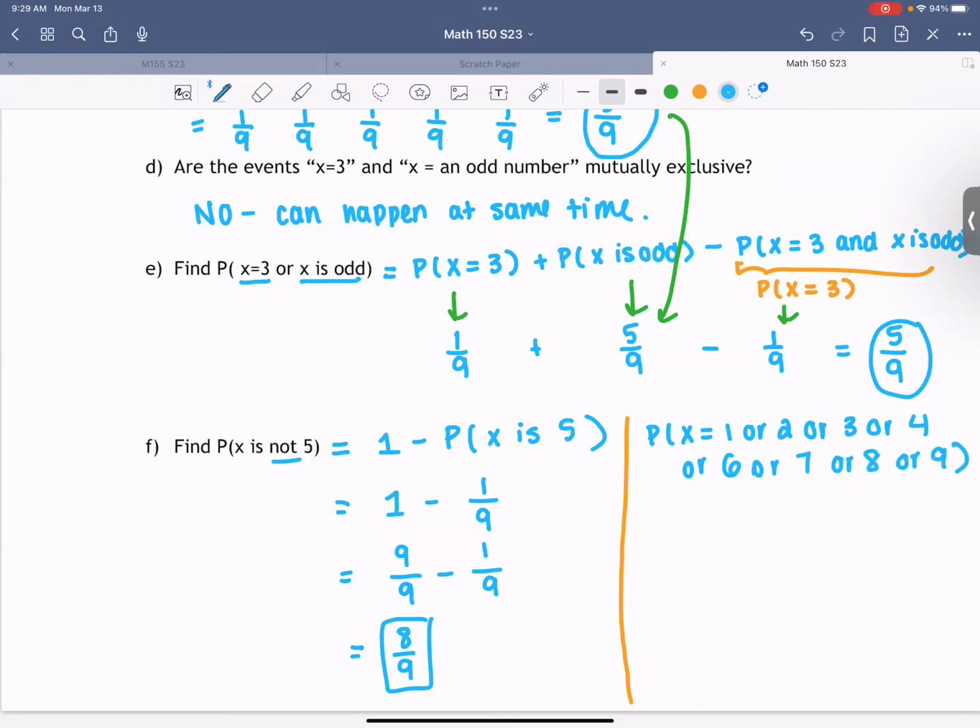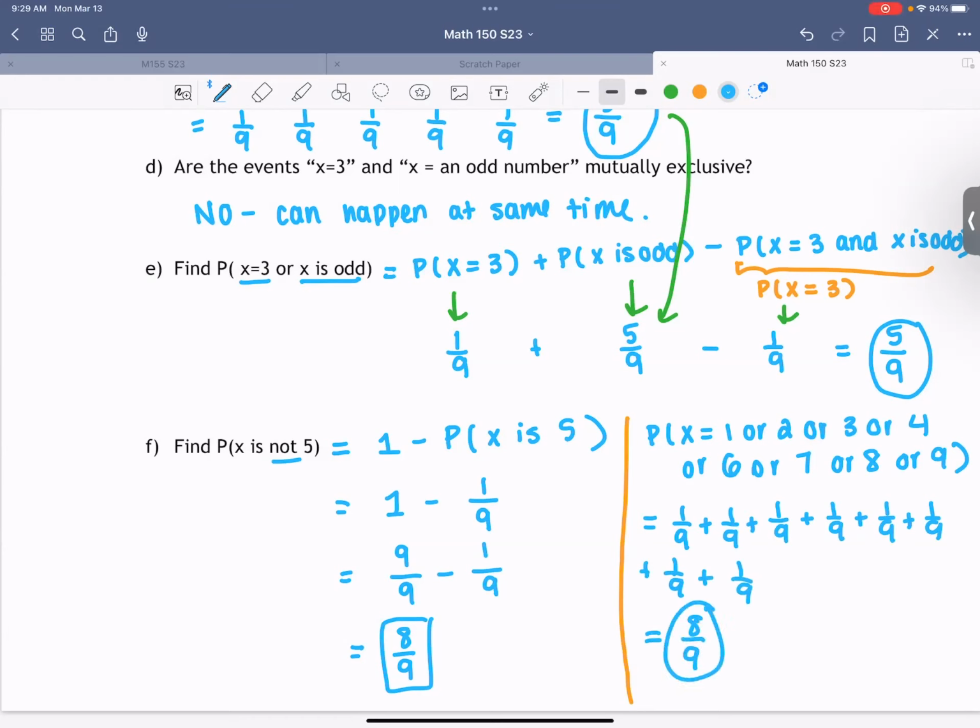Because these are the numbers that are not 5. Each of these individual events are mutually exclusive. We said that in part A and B. So another thing we could have done is just added 1/9 to itself 8 times, right? 1, 2, 3, 4, 5, 6, 7, 8. There we go. And you also would have gotten 8/9.